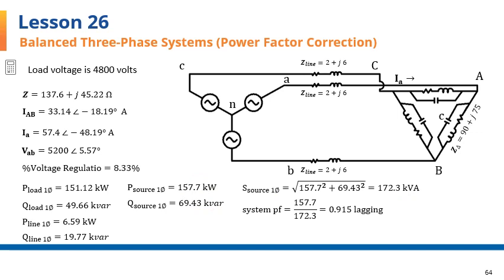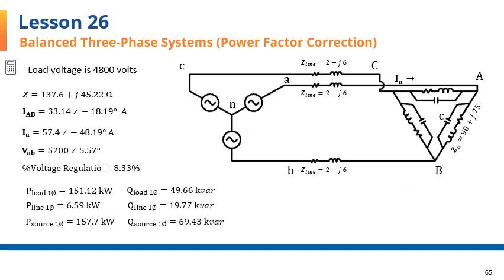And to find the system power factor, meaning power factor looking from here into the system, is the real power over the apparent power. And the answer is 0.915 and lagging. I'll next calculate the three-phase real and reactive powers by tripling the single-phase powers that were found so far.